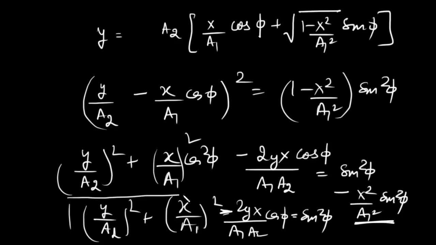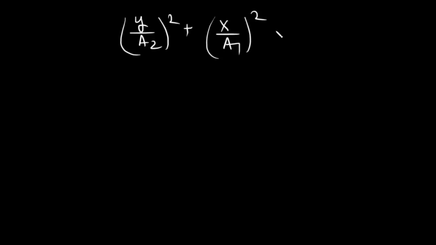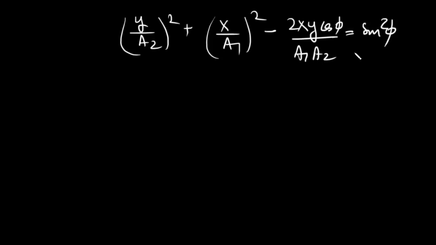Alright, so this is my final equation. So the final equation is y upon A2 whole square plus x upon A1 whole square minus 2xy cos of phi upon A1 A2, this would be equal to sine square of phi. Alright, this is my final equation.